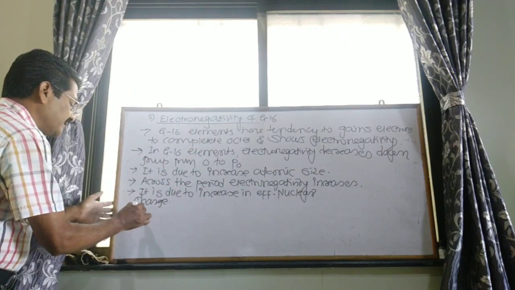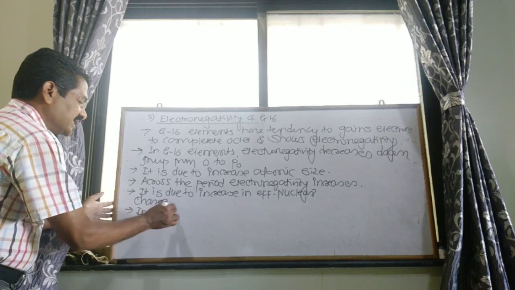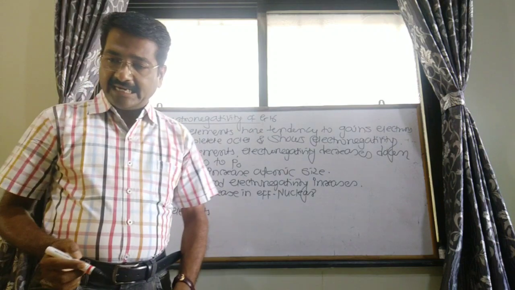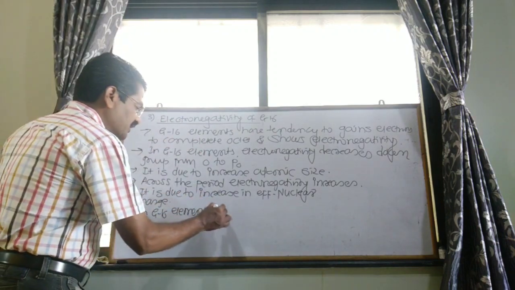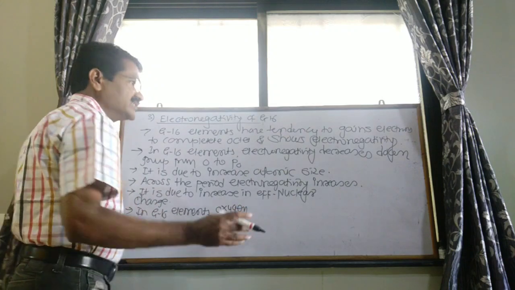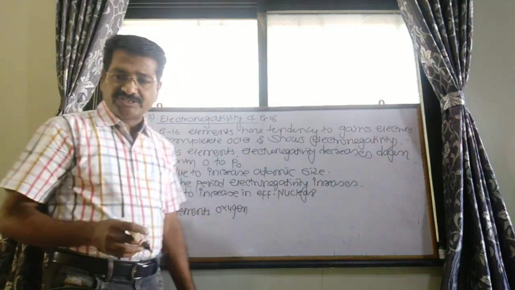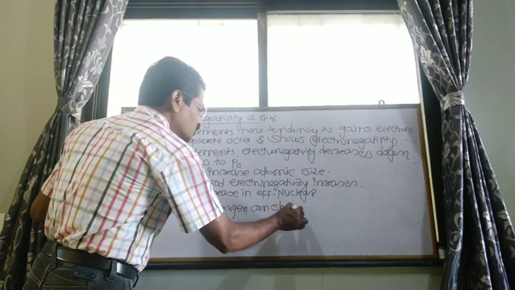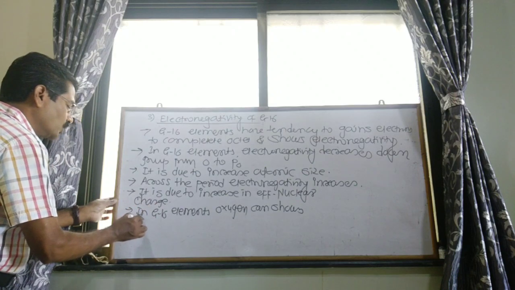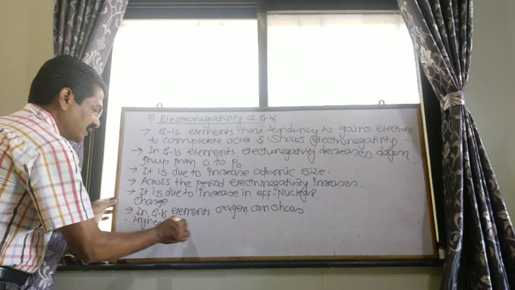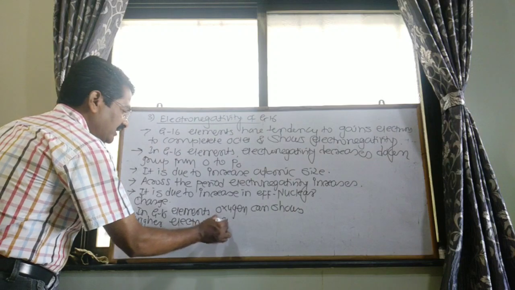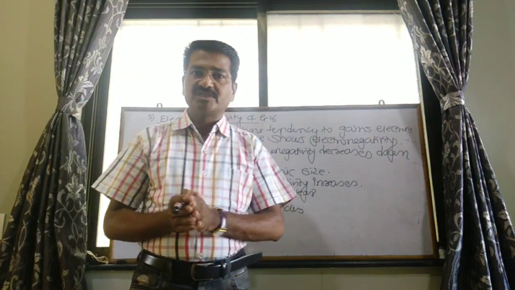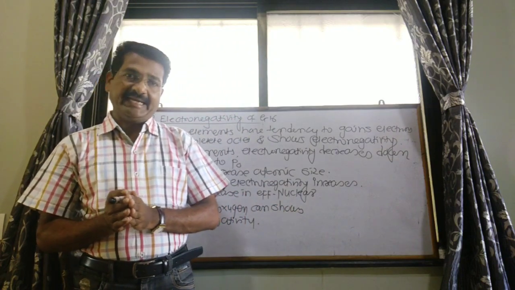In G16 elements, oxygen, that is the first element, shows higher electronegativity. In the G16 elements, oxygen shows the highest electronegativity.